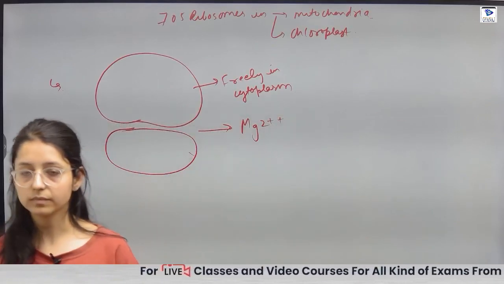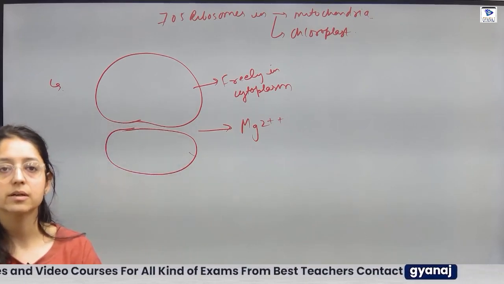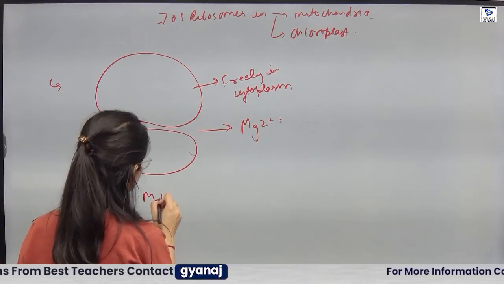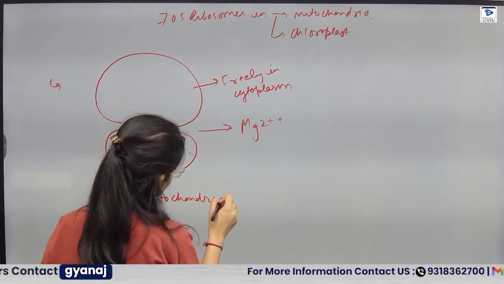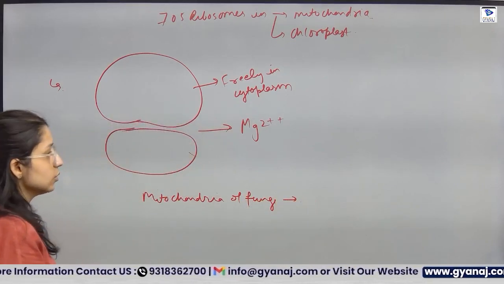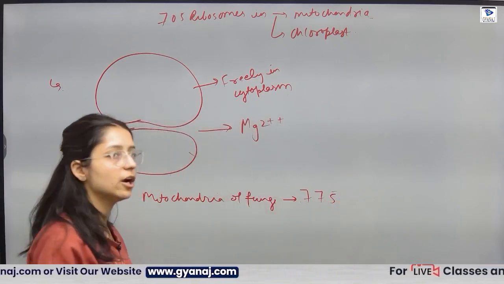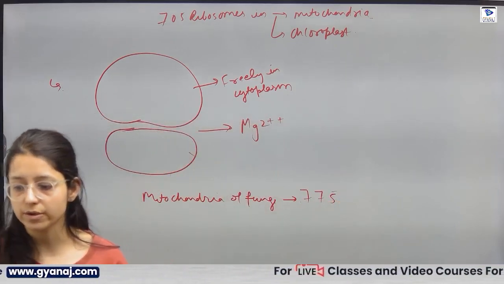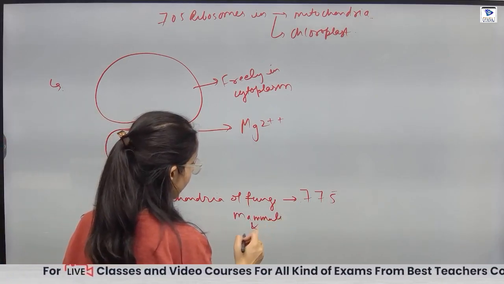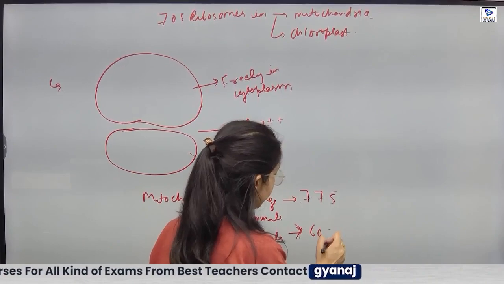There are some things that you need to remember. These ribosome units vary in every cell. Mitochondria of fungi have the 77S ribosome units. Mitochondria of mammals and animal cells have the 60S.